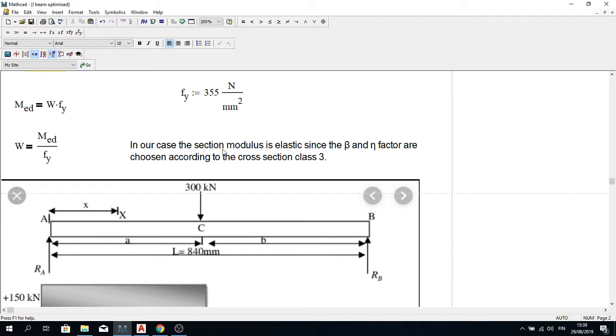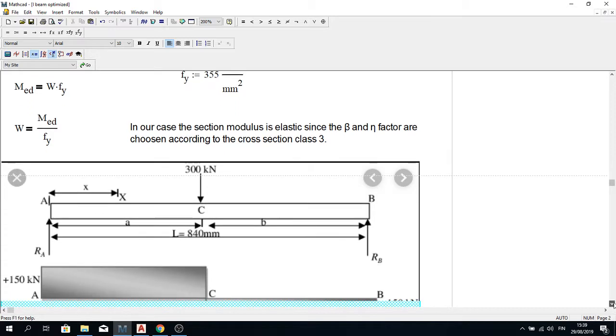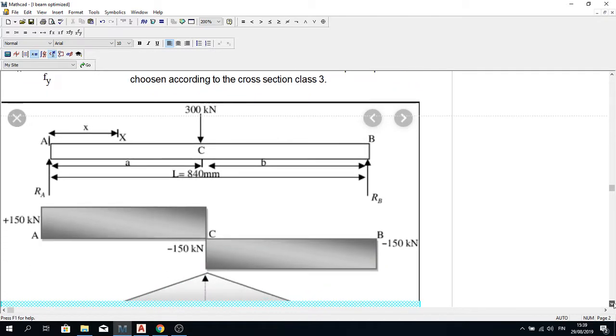And this beta and neta factor are chosen according to Eurocode, and in this particular example I have taken class 3 beta and neta factor, and I have taken this example from the internet.